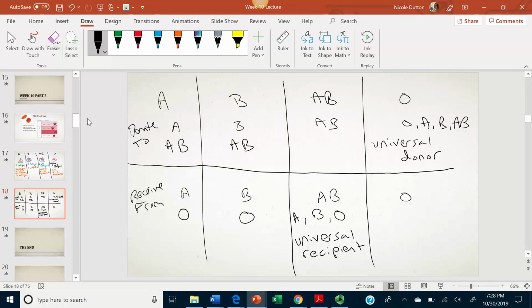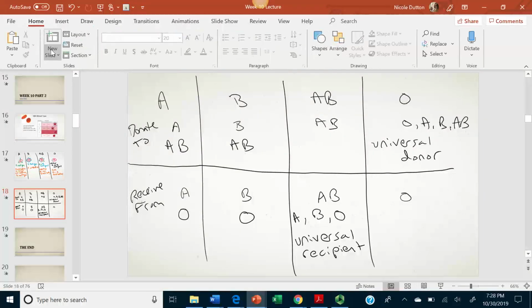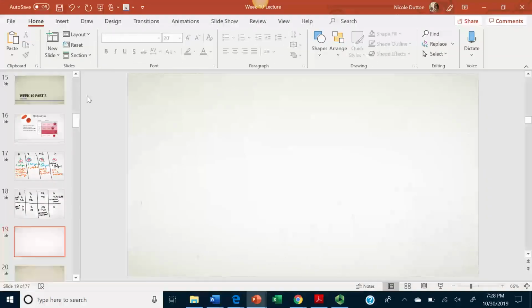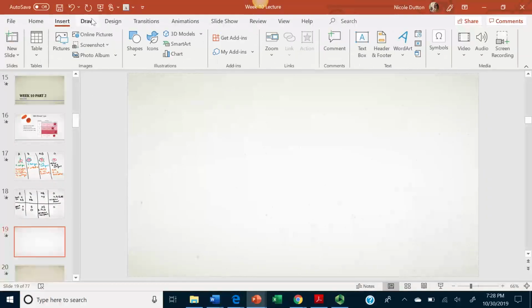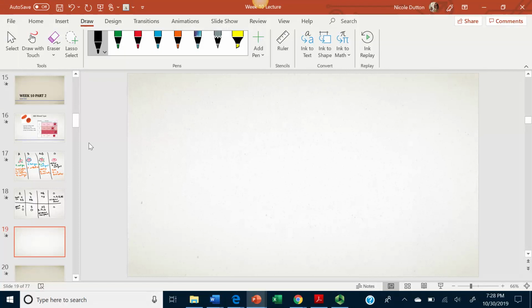So what about this Rh factor? I'm sure you've heard if somebody tells you their blood type, it's usually like A positive or O negative.